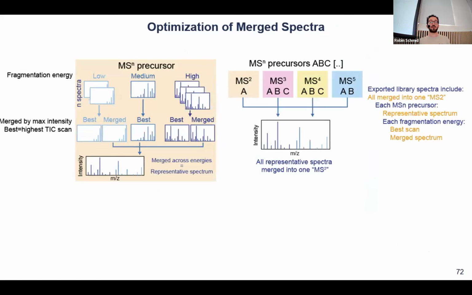And then also a question that is always coming up is, how do we merge spectra, right? Right now, let's say we measure in 3 different energies. And for this project, we even measured in MSn. So there's going to be a lot of spectra being generated for one compound. And our approach is that we use all the spectra with different energies. We merge them into individual spectra for low, medium, high energy.